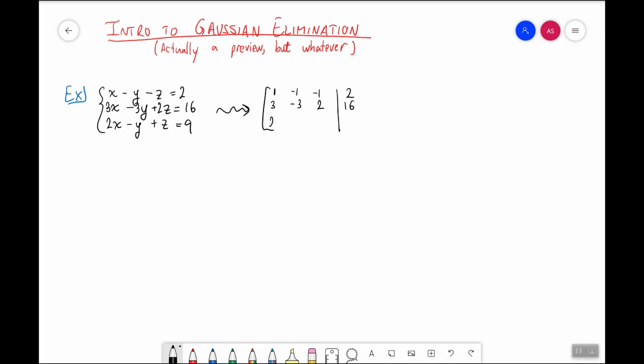And on the third row, I have 2, minus 1, 1, and 9. And this is called the augmented matrix of the system.